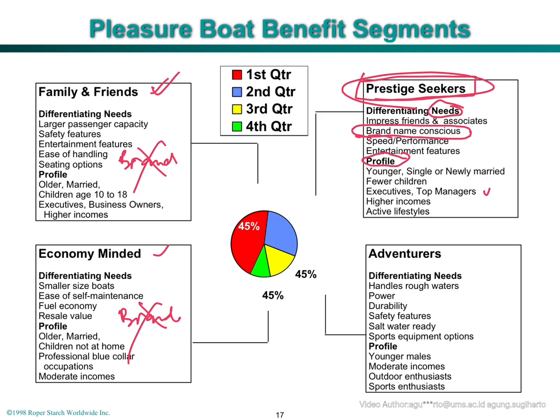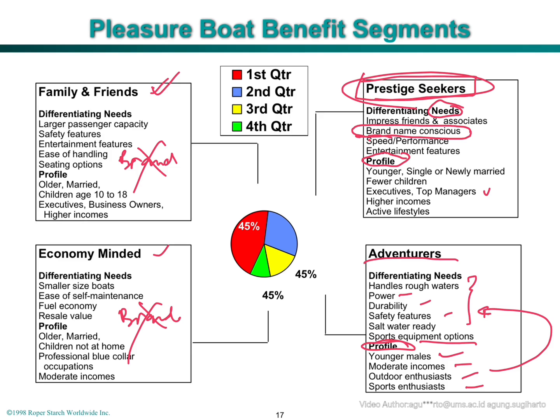And how about the adventurer? For the adventurer, they have this profile: younger males, moderate income, outdoor enthusiast, sport enthusiast. Then we have to develop our product to comply with this specification: power, durability, safety, and the sport equipment option for adventurer people.